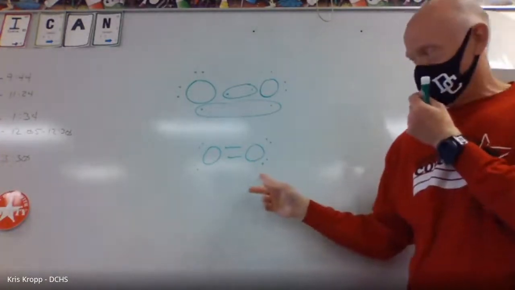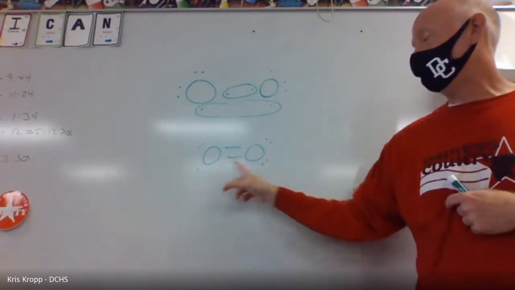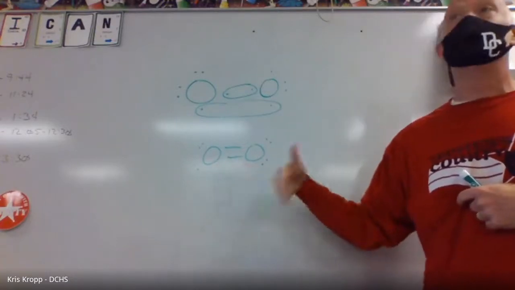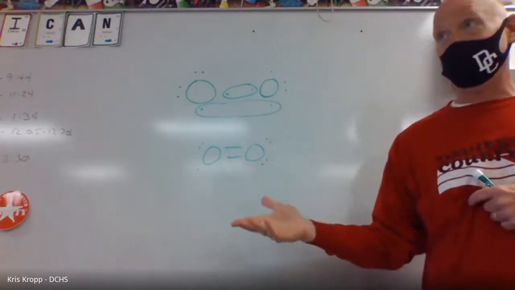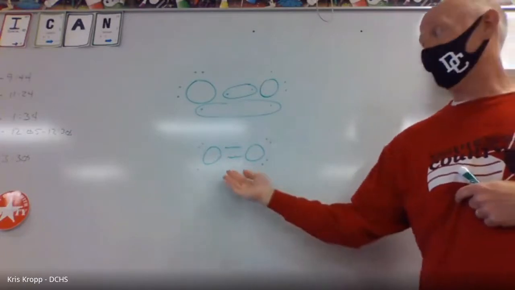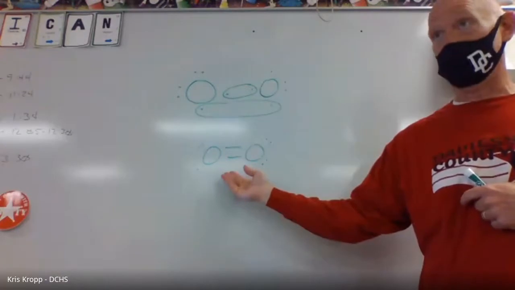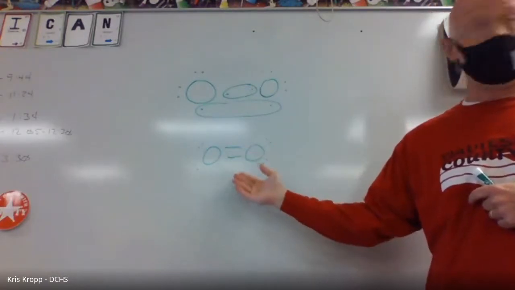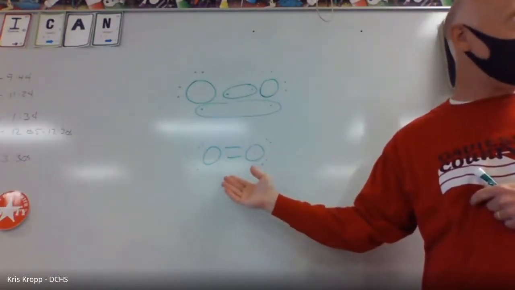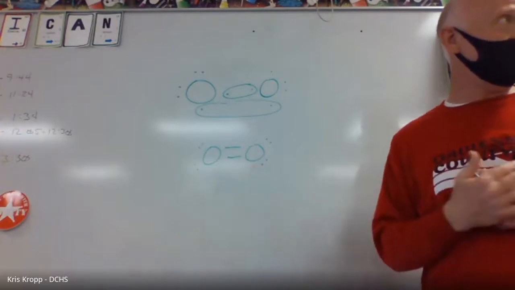Again, I want to point out to you that both of these are the same type of atom, meaning their electronegativities are identical. And so this also is a nonpolar covalent bond because those electrons are going to be shared equally between the oxygen atoms. Okay?